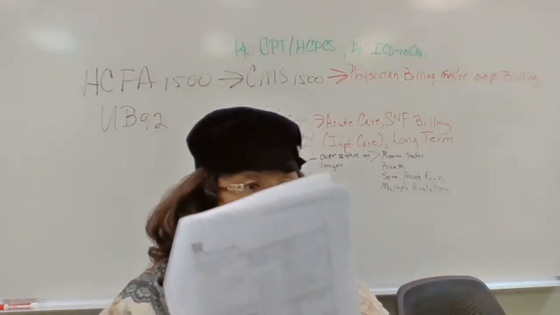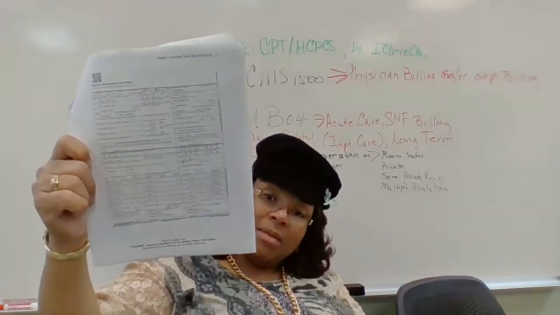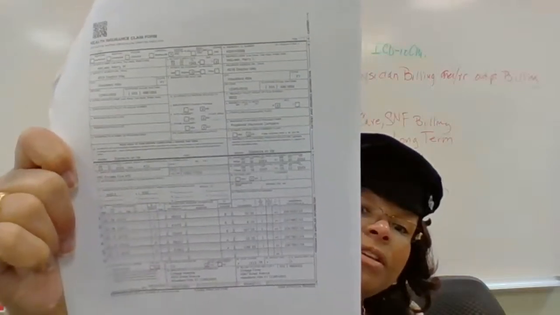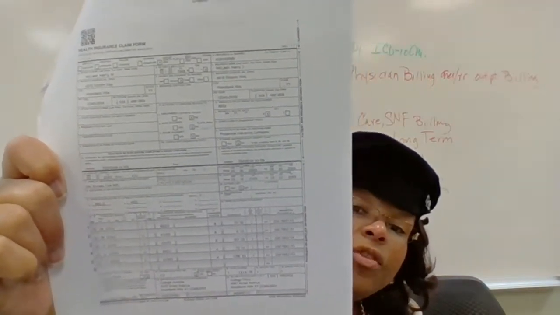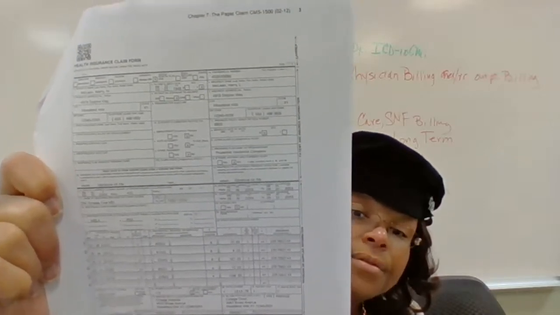Okay? Now, it's important that you all recognize what a CMS 1500 form looks like. So this is what an actual CMS 1500 form looks like if you're going to do medical billing outpatient in a physician's office.